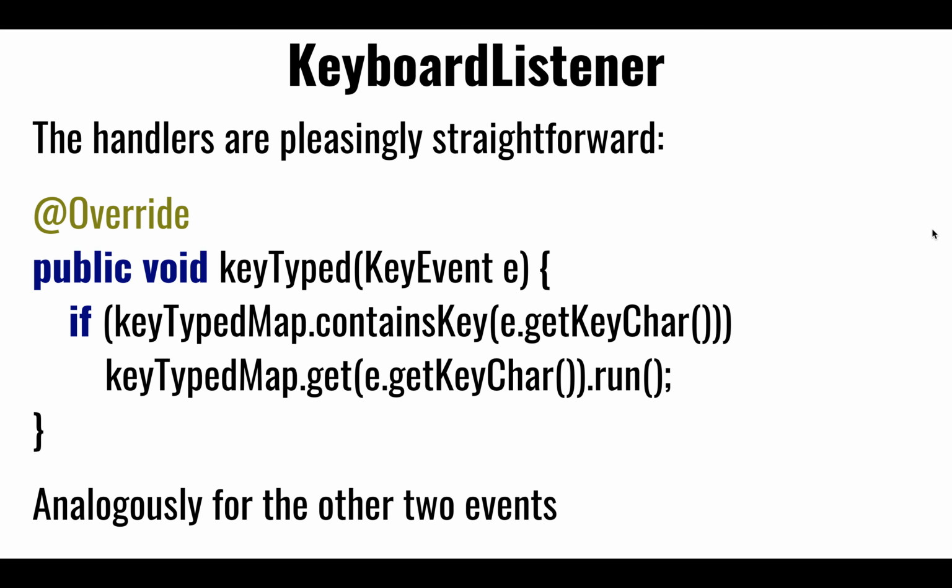In this case, we're going to look for a particular character key, whether it's T or D or capital C or whatever it is. We're going to use that as a lookup into our map, and it says, okay, is this keystroke that you typed in the map? If it is, go fetch it.